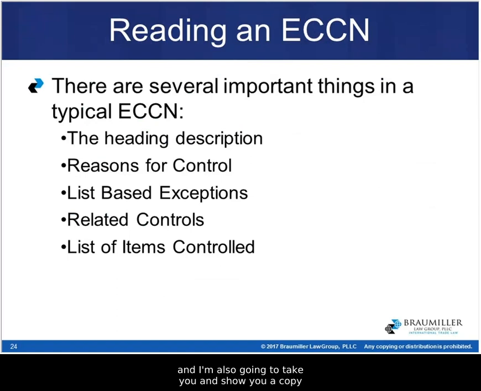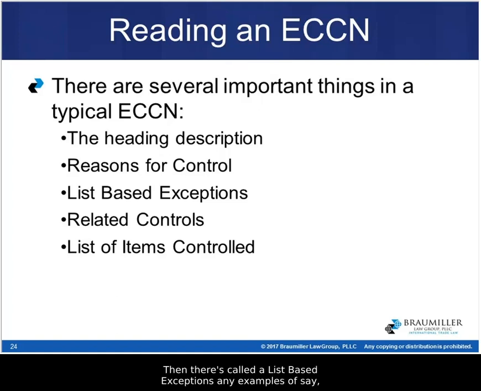And I'm also going to show you a copy of the country chart that Adam referred to, because if you determine that the article falls within that provision, in other words, you've classified it, it falls within a particular ECCN alphanumerical provision, then you look at the reason for control, and that reason for control then has to be compared to the countries that are controlled for export for that product. I'll walk you through that.